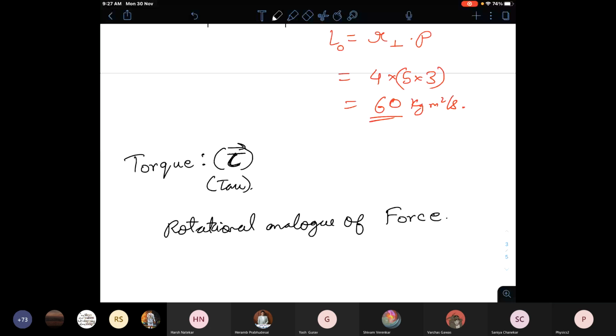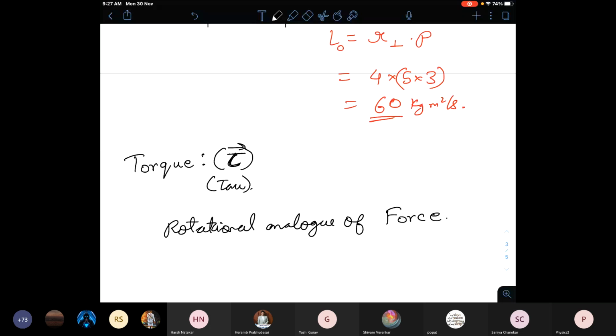Force either creates linear motion, or if there is friction, there is a tendency to create linear motion. In the same manner, torque is there for rotational motion. If there is a tendency to create rotational motion, it will create it. So torque is just the rotational analog of force.